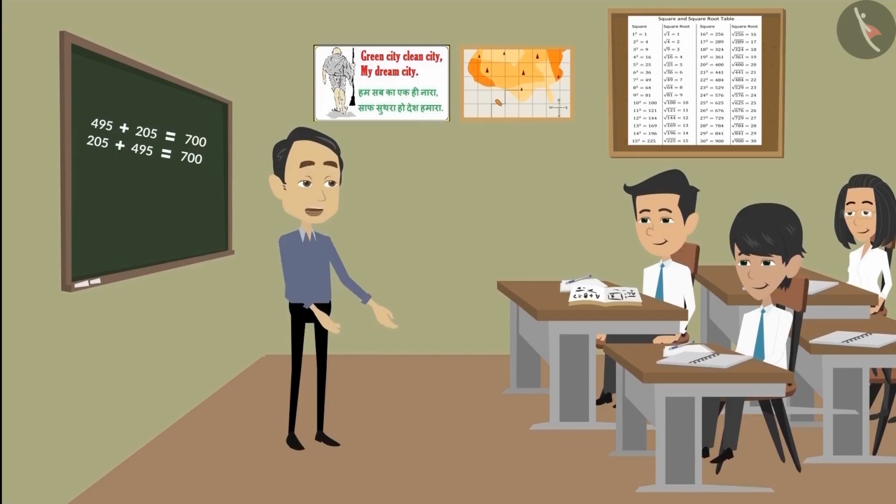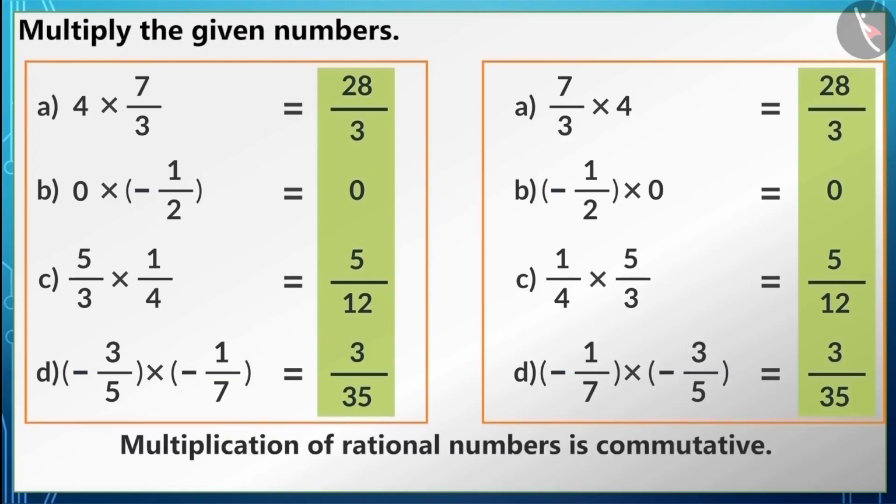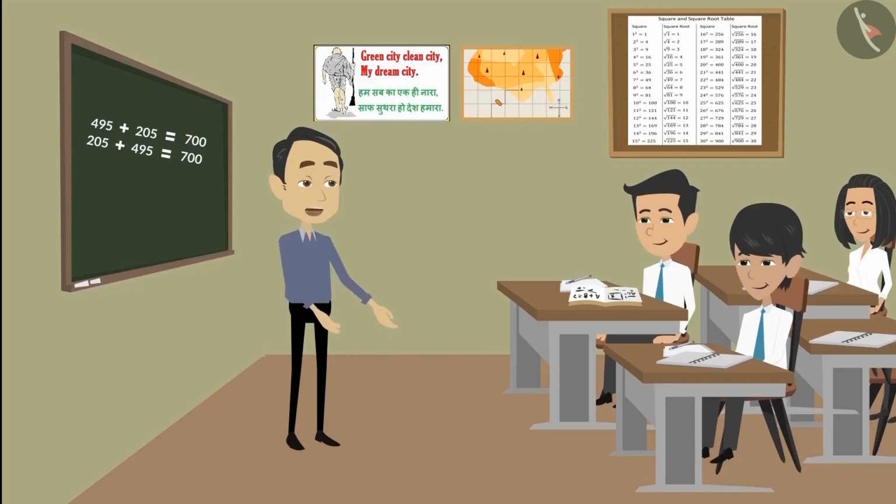You are right, Mohan. This is because the multiplication of rational numbers is commutative. We can say that A multiplied by B is equal to B multiplied by A for any two rational numbers A and B. Children, now let's check the commutative property of rational numbers in division.